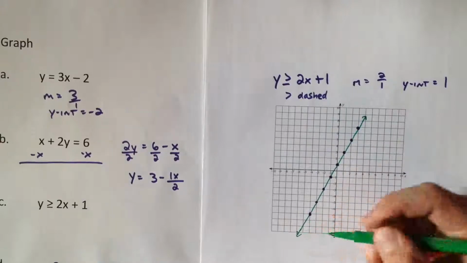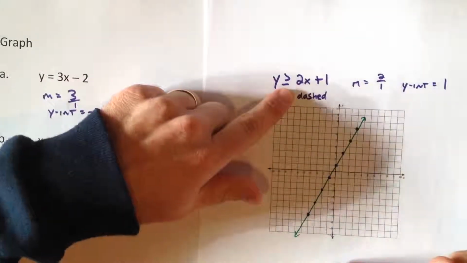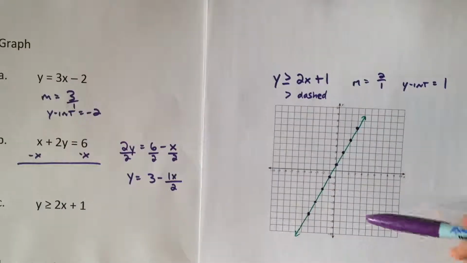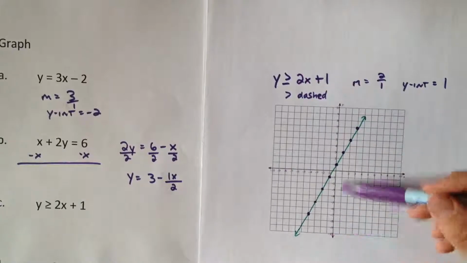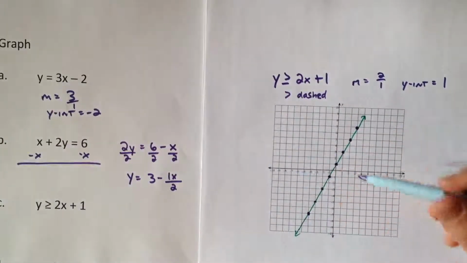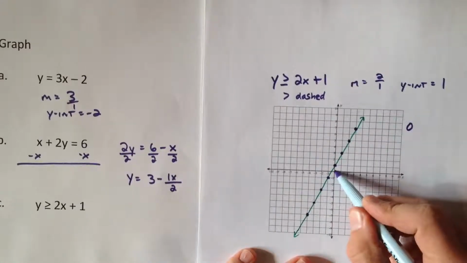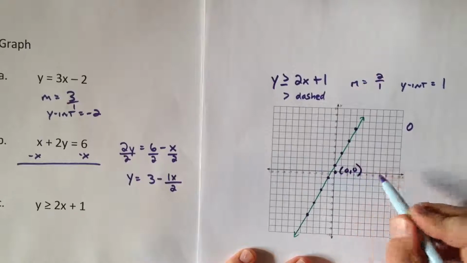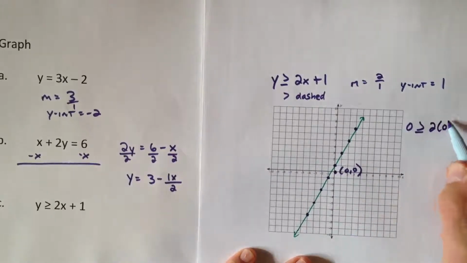Now, since we have an inequality, we need to shade one way or the other. Now, y is greater than, and we kind of got in the habit of doing above for greater than and below for less than. That's a greater than sign, so we're going to shade above. But really, the technical way to do this is to plug in a test point, an easy one to test is 0, 0.